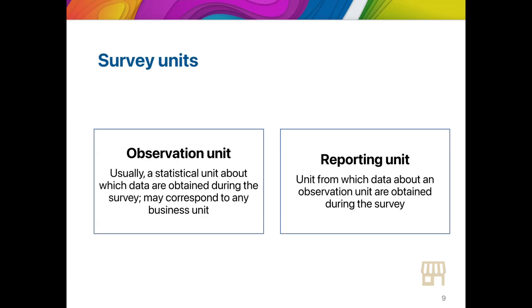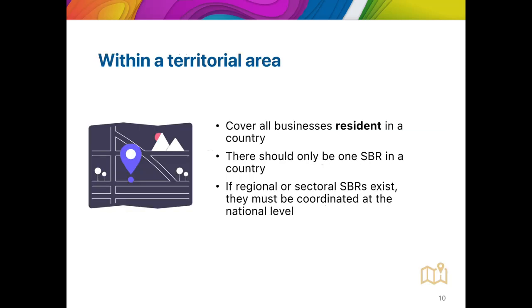Observation units represent the specific entity being studied, like an enterprise or an establishment. As for reporting units, these are entities that provide data for the observation unit. So that covers the three categories that SBR entities are often categorized into.